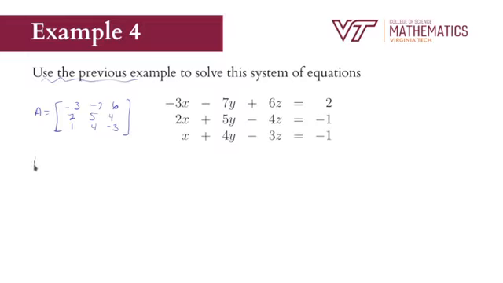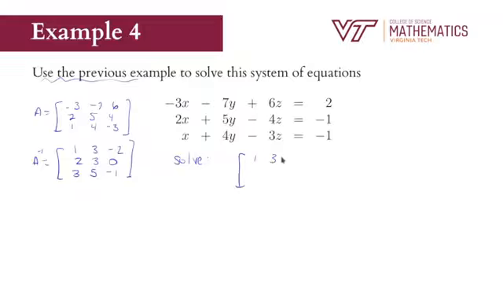So let's put that information in here. If we have the inverse, then we can solve this system of equations by just combining the inverse with the column vector B.